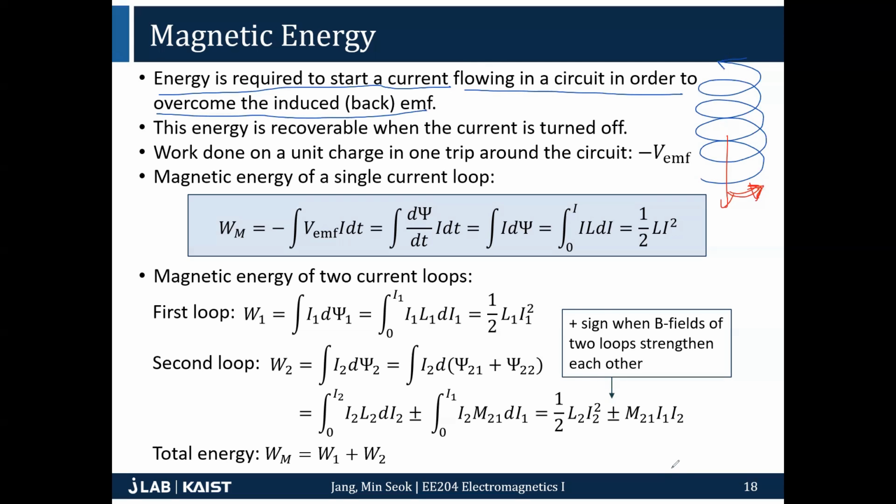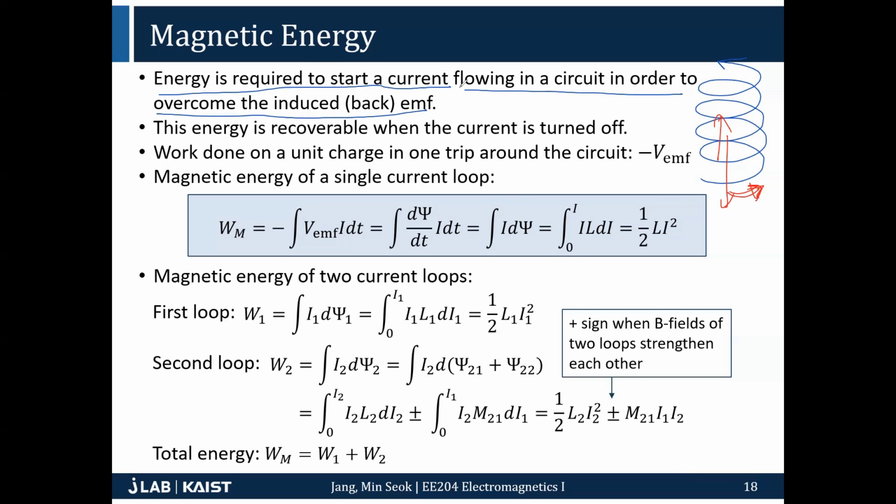And as I said, nature hates change. So this wants to create magnetic flux in the opposite direction through magnetic induction. Because of this tendency, it actually takes some work to run a current through a circuit. Okay, so this is what I mean.